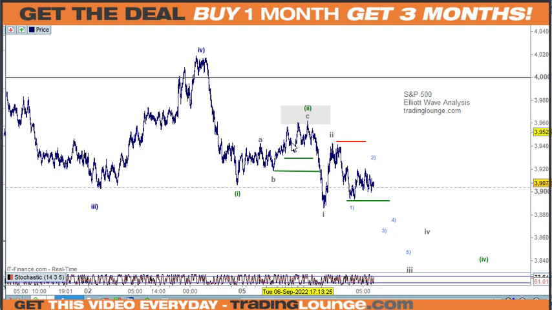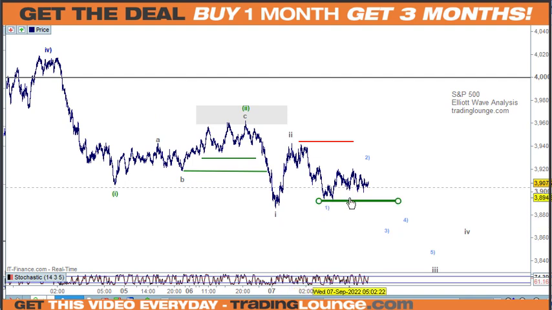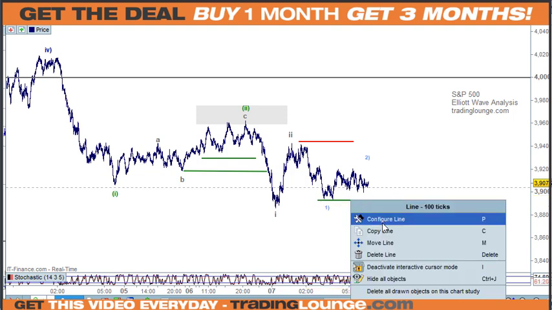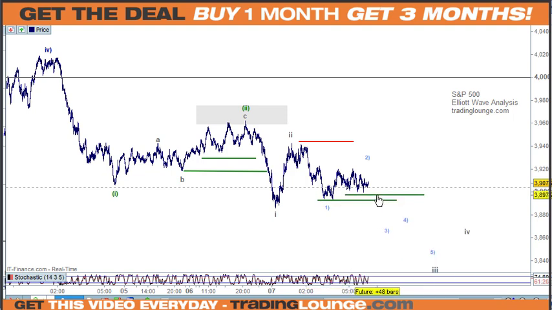Not the best looking 5-wave structure up here for that, and it could be counted differently, but that's okay. We talked about being short up here and short here. You can put a stop here. Once again, we can also look to put another short position under here, and we could also put another short position under here as well.